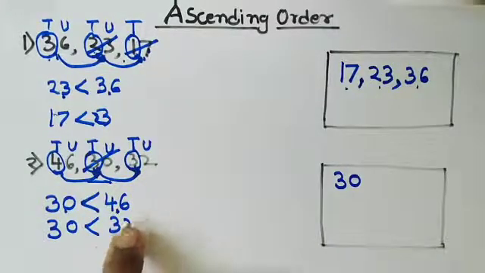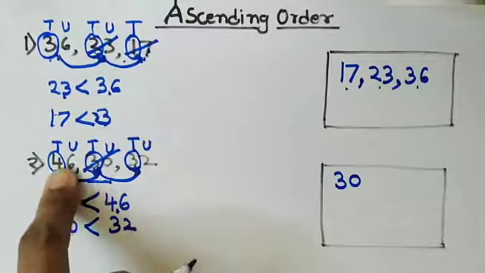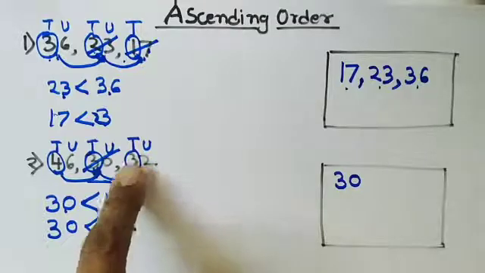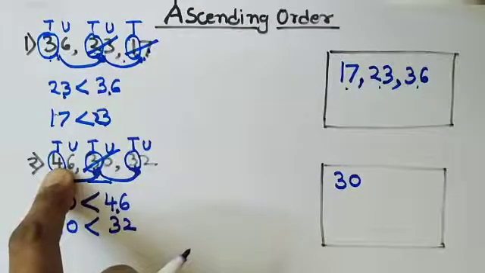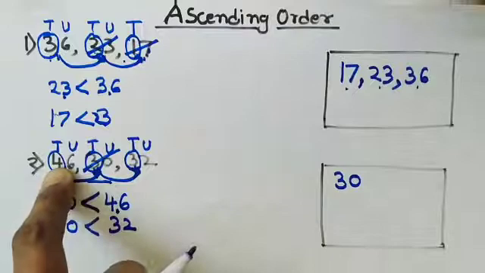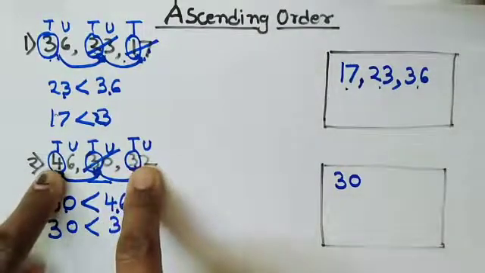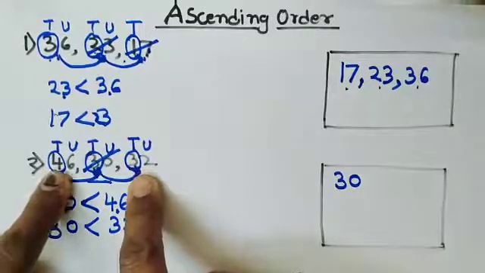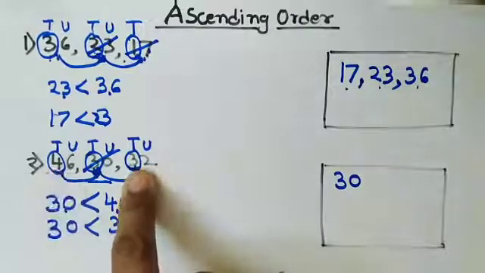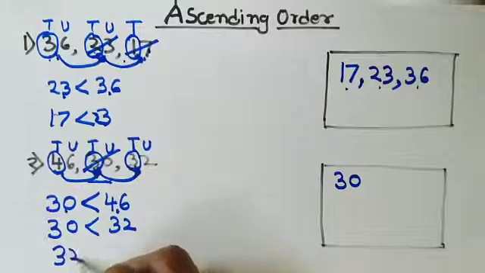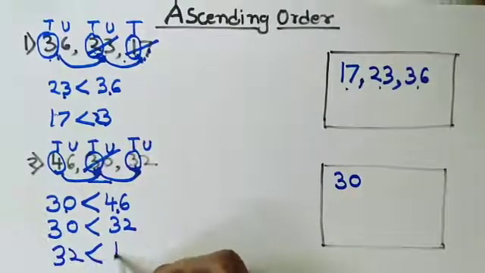We have seen that 46 and 32. We will compare the tens place, where 4 is greater. Out of these 2 numbers, the tens place of 46 is greater than 32. Then 32 is smaller than 46.